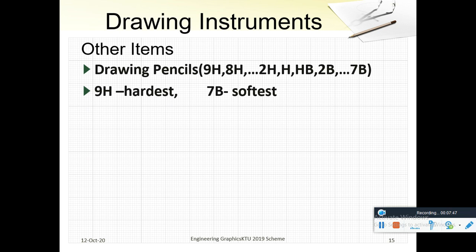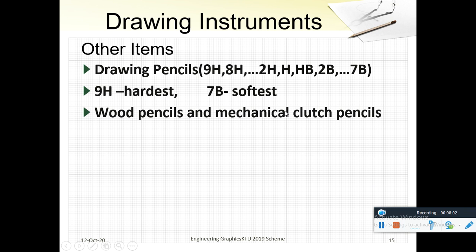The 9H is the hardest while the 7B is the softest. For our classworks, we require HB and H pencils only. Wood pencils and mechanical clutch pencils with grading H and HB can be used for our classwork.